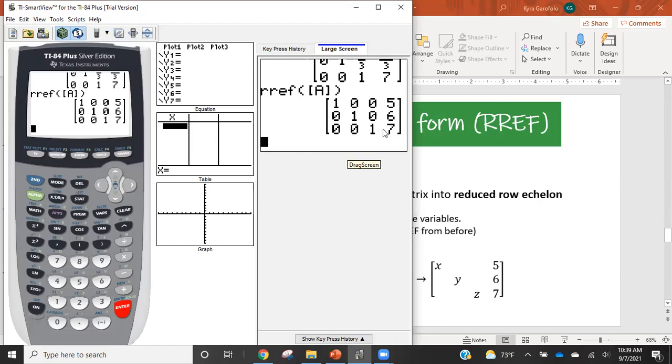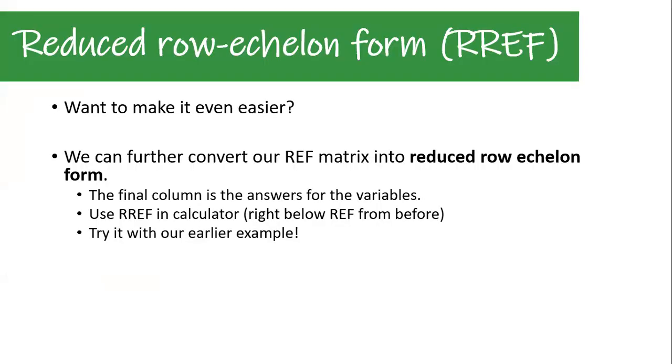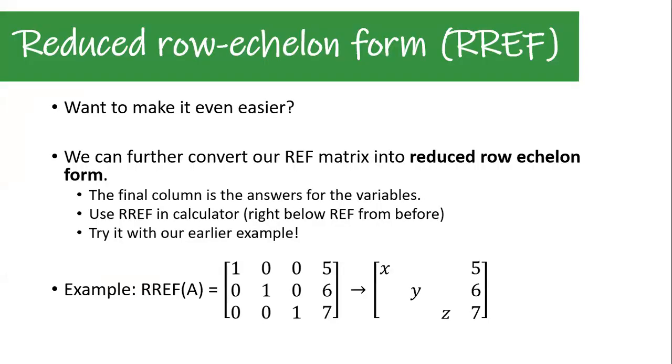And lastly, 1z equals 7, so z equals 7. Notice here that it gives us the answer. So this is what is output by our calculator, and this is what we can tell from it. X is going to be 5, y is going to be 6, and z is going to be 7.